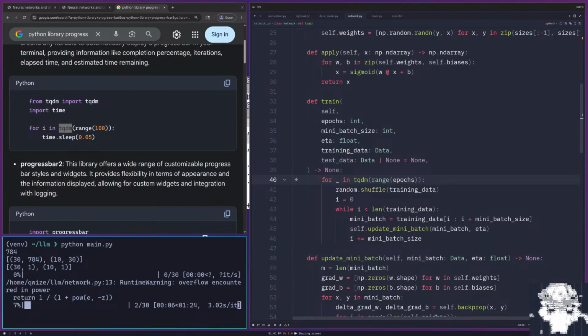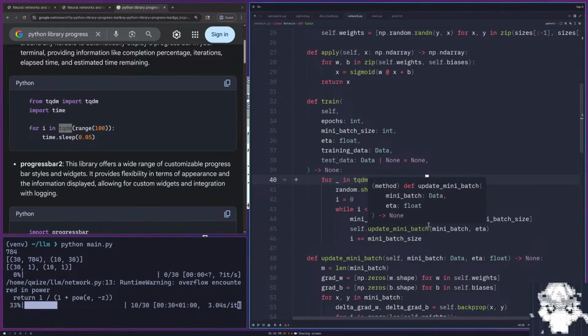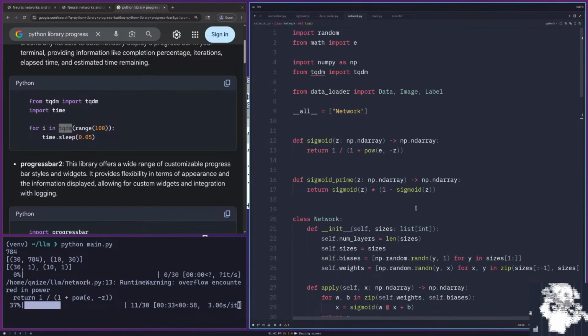So epoch 2 of 30, 3. All right, it's gonna take a few minutes. I mean, these overflows are worrisome. Like, that might be the reason why I'm not learning.